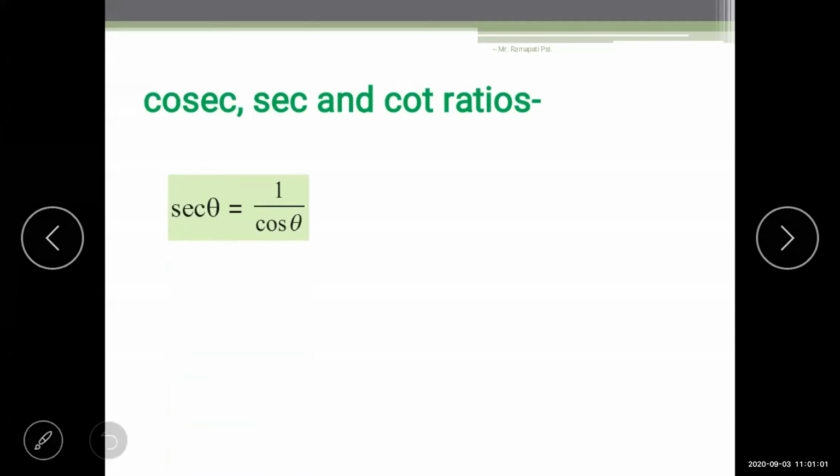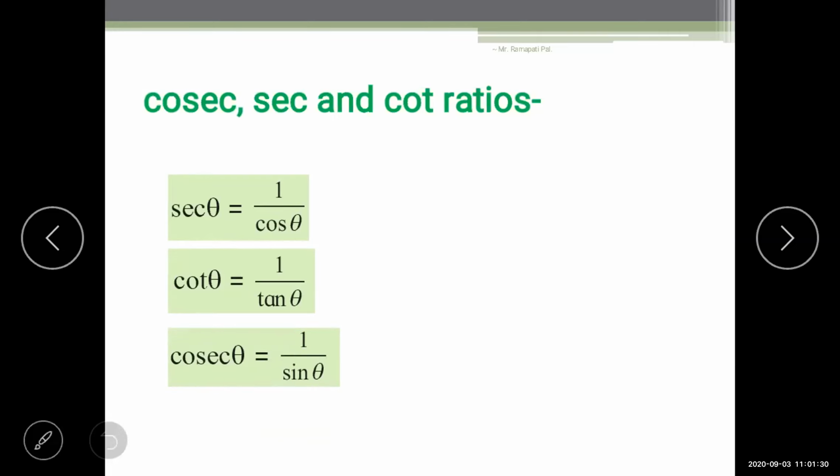So sec theta into cos theta is equal to 1. Now cot theta is equal to 1 upon tan theta, or tan theta is equal to 1 upon cot theta. Correct? Is it clear?